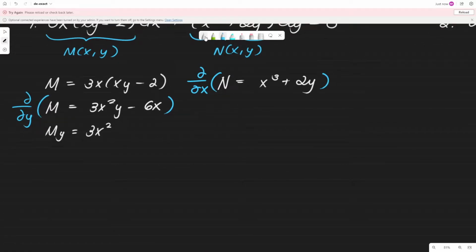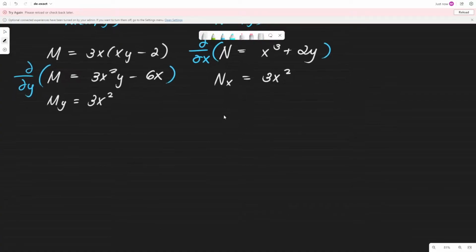So we have N sub x, or N partial x, is equal to the derivative of x cubed, which is 3x squared in respect to x. Then the partial derivative of 2y in respect to x is simply 0. So what do we notice?